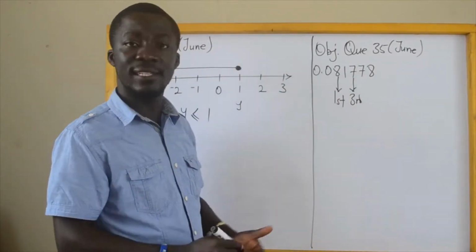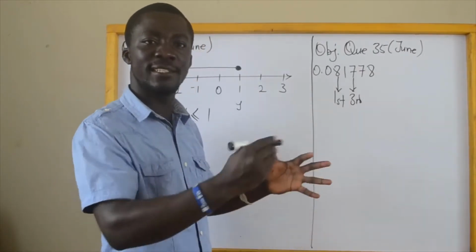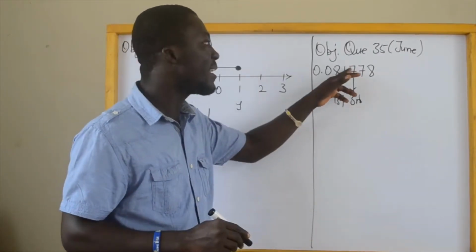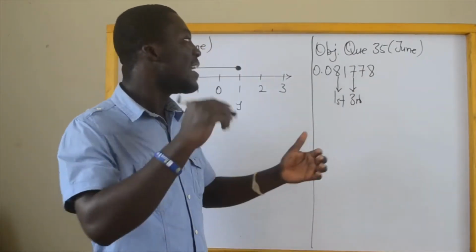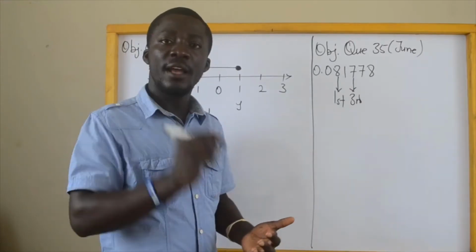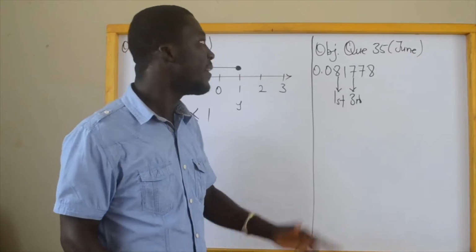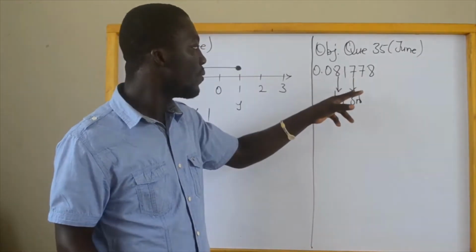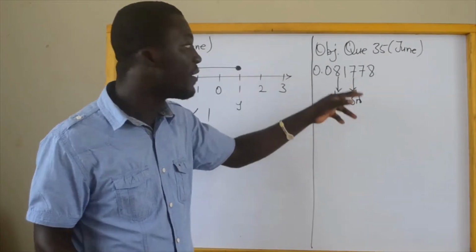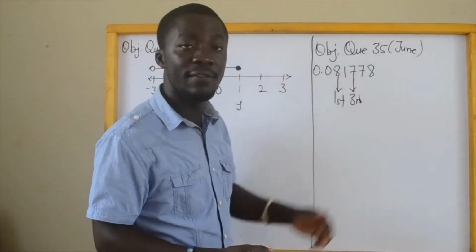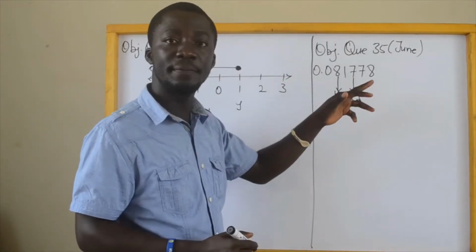So when we locate the value, we look at the value next to the 7 that we have located, to the right, and we ask ourselves, is the value 5 or greater than 5? If it is 5 or greater, then we add 1 to the third significant figure, that is 7. So when you add 1 to 7, we are going to secure 8.